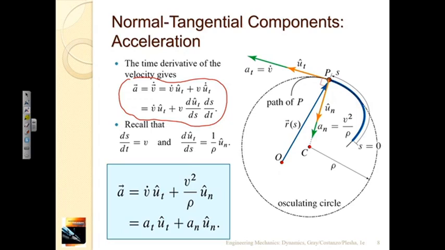Here's our acceleration that we need to fall back on to be able to use. So, tangential direction, v dot: how much am I changing my speed? Speeding up, slowing down.